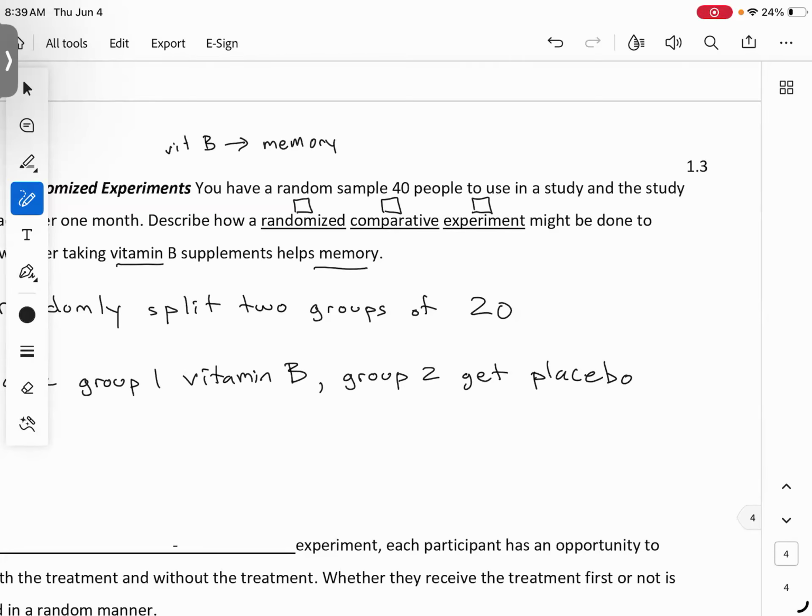But not every study has to have a placebo like a sugar pill. If we were testing whether a pair of shoes helps athletes have better running performance, we would give group 1 the special pair of shoes, and the other group would just use whatever regular shoes they already use. So it's not always that you have to have the placebo. Placebo comes in when they're ingesting something.